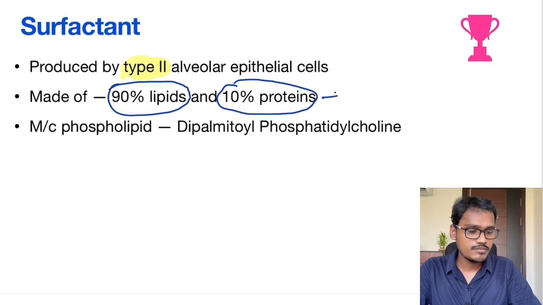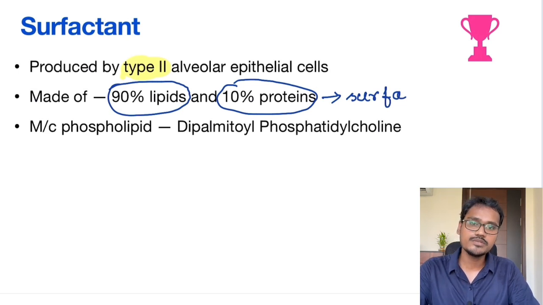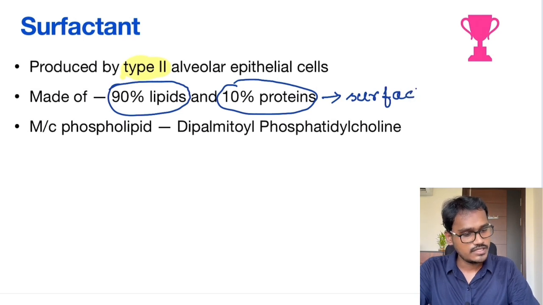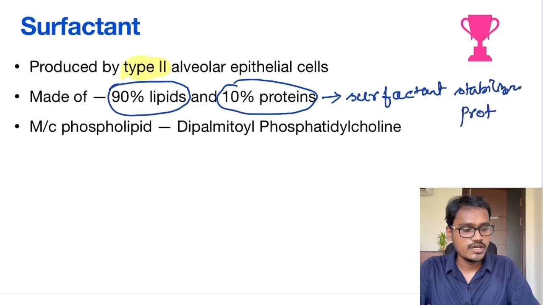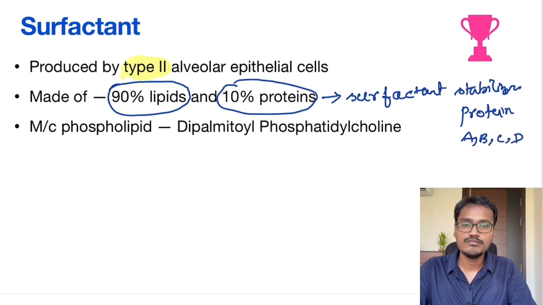This 10% of proteins is the surfactant protein which we are talking about, that is produced by the Clara cells also, but majorly it is produced by the type 2 alveolar cells. That is the surfactant stabilizing protein. And all the types are produced here, A, B, C, D.